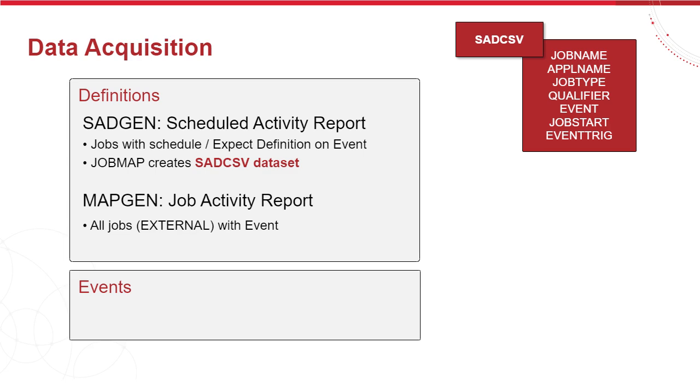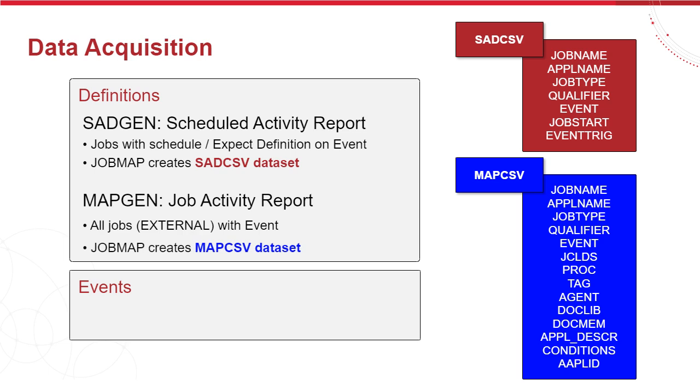MapGen generates a dataset using definitions of jobs mapped to events. The data points include more things like agents, predecessors, successors, and more. In both cases, JobMap uses both datasets and converts them to the scheduled activity and the job activity reports. Together, these two reports form the complete set of definition data needed by AAI.